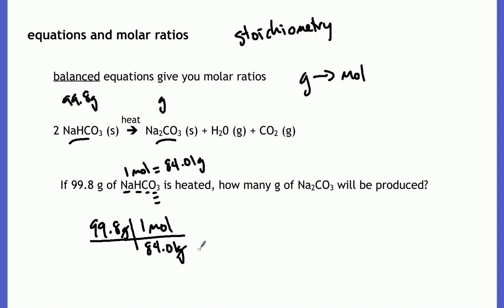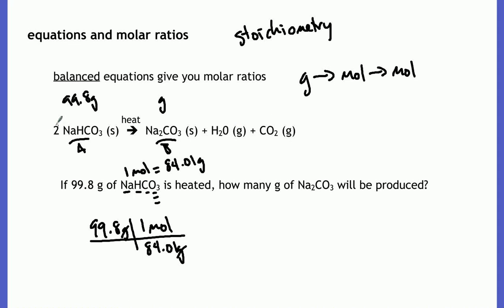I get a mole answer, right? But that's not the last step in the process. The next step is actually to relate 1 mole to another mole. So I have moles of A that I need to turn into moles of B, so I need to do a ratio at this point.